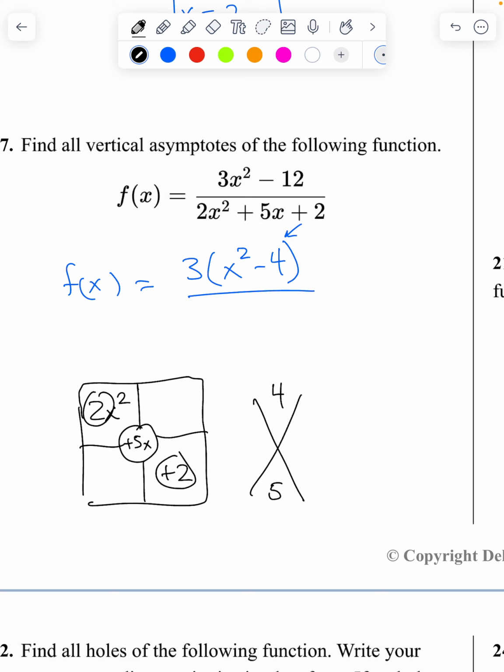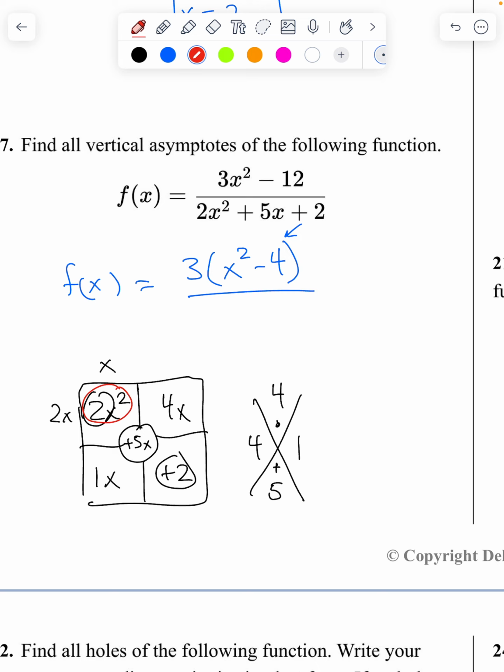So two numbers that I know that multiply up to 4 would be 4 and 1. So 4x and 1x are just x. So I'm going to put 2x times x. That should give me 2x squared, and it does.